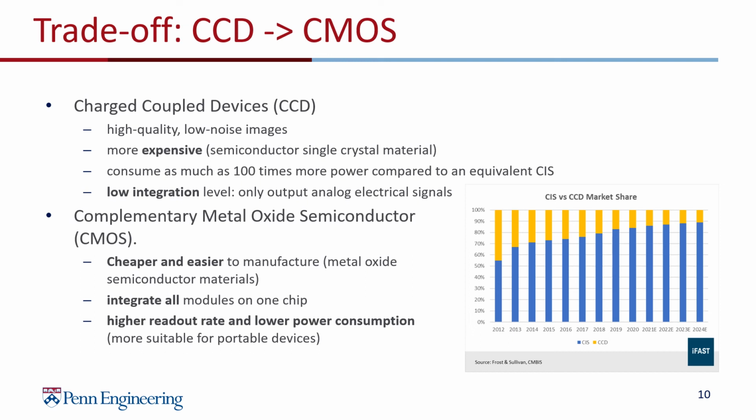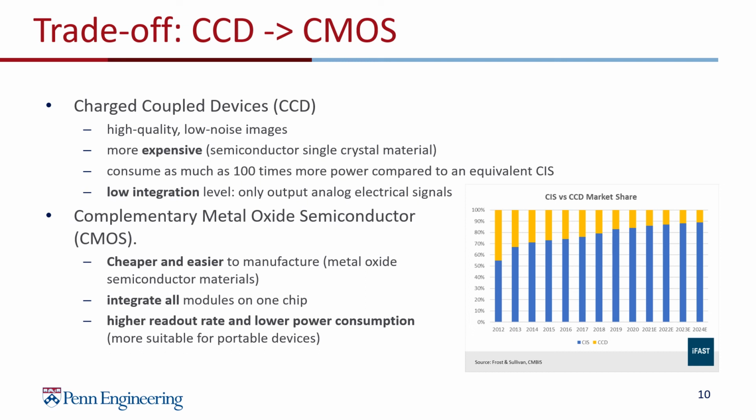Compared to that, CMOS can integrate all the modules on one chip, and it also has higher readout rates and lower power consumption. After entering the 21st century, due to the rapid development of fabrication technology, CMOS performance gradually reached and even surpassed CCD.